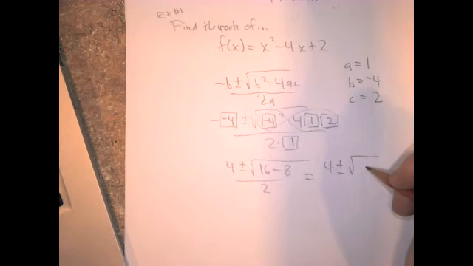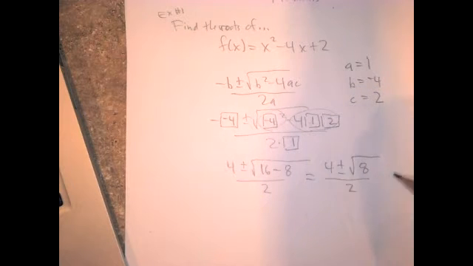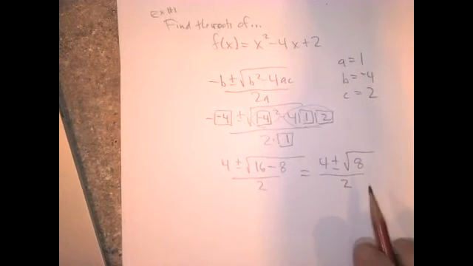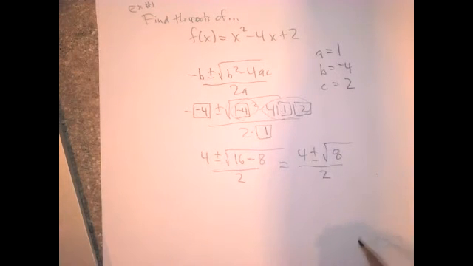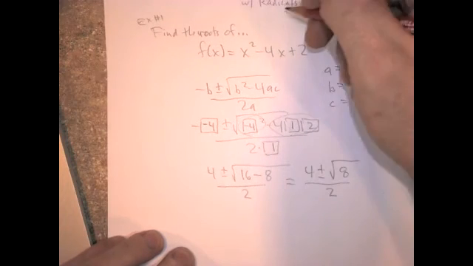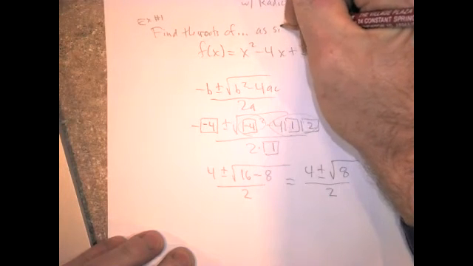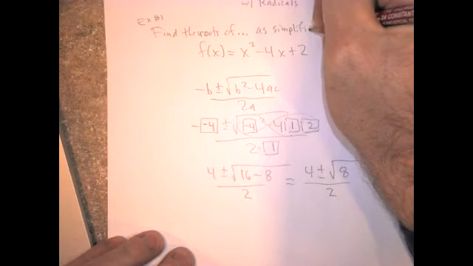Okay, 16 minus 8 is 8. Okay, in the past we said, hey, get your answer as a decimal here because square root of 8 is not a perfect square. Now the directions will say give your answer as a simplified radical. Okay, that's kind of the difference today.